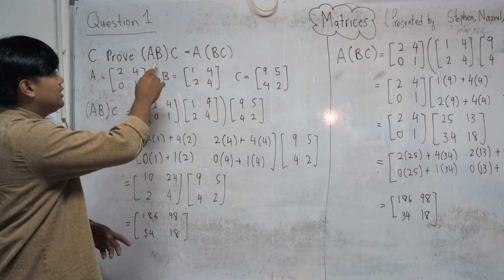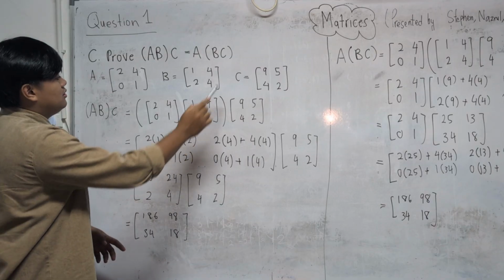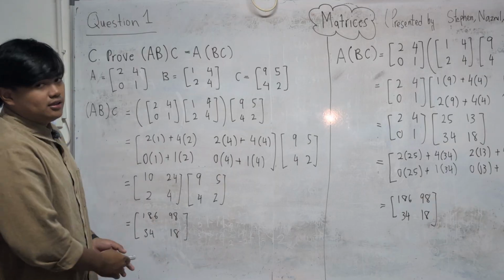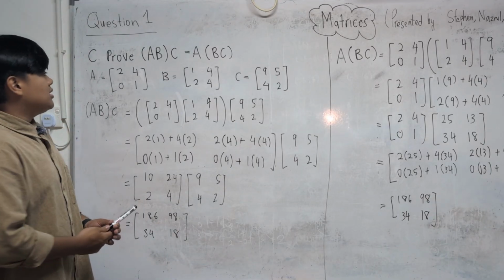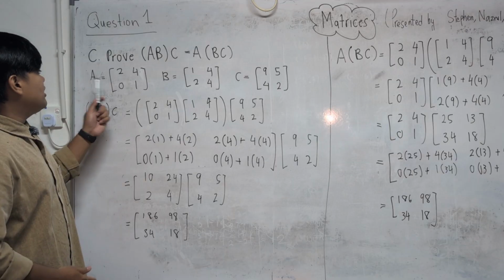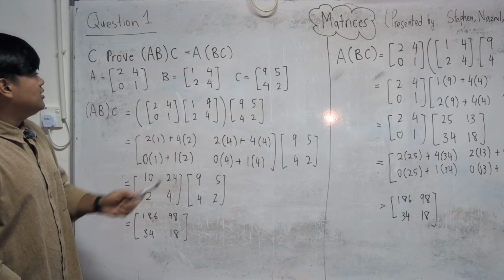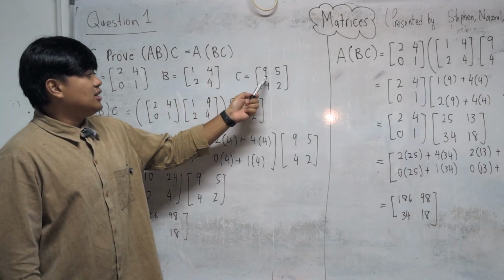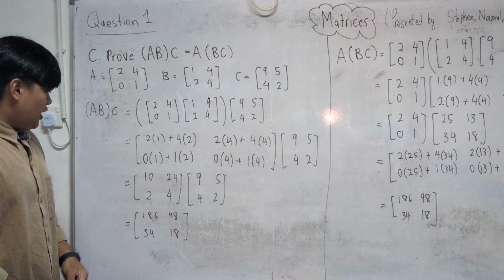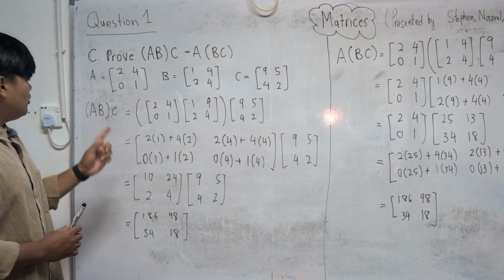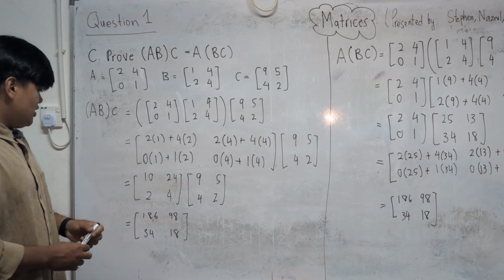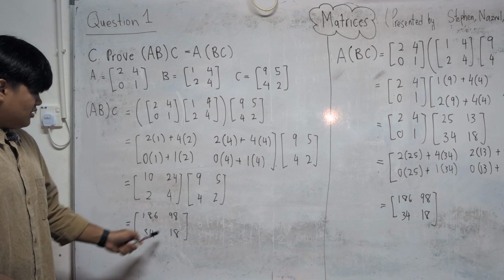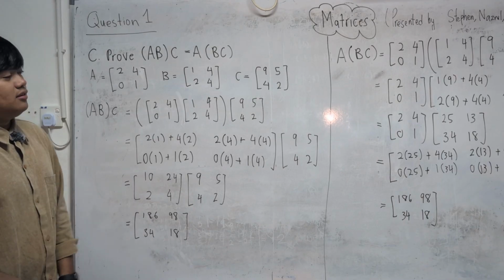Firstly, I multiply A and B, then I multiply it with C, and then I finally got the final answer. For the matrices that I use, for A, I use 2, 4, 0, 1. For B, I use 1, 4, 2, 4. And for C, 9, 5, 4, 2. And as you can see, for AB times C, the final answer is 186, 98, 34, and 18.